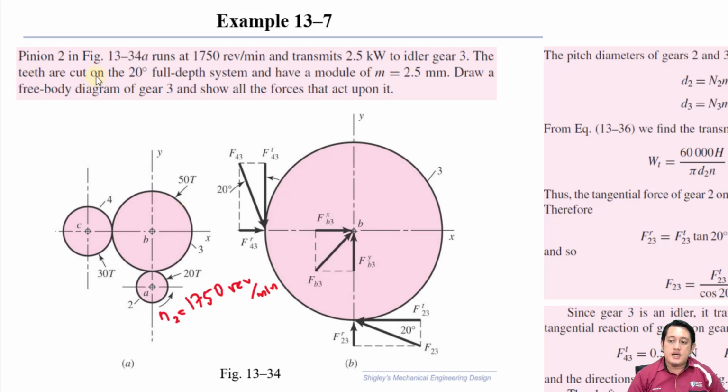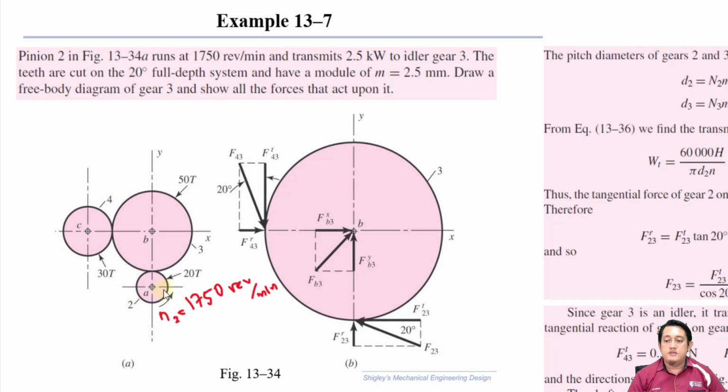The teeth are cut on the 20-degree full depth system and have a module m equals 2.5 millimeter. Draw a free body diagram of gear 3 and show all the forces that act upon it. We have a pinion here, and the pinion is the driver.